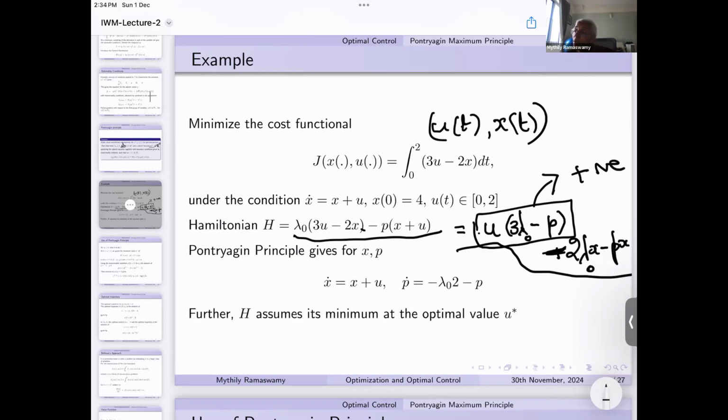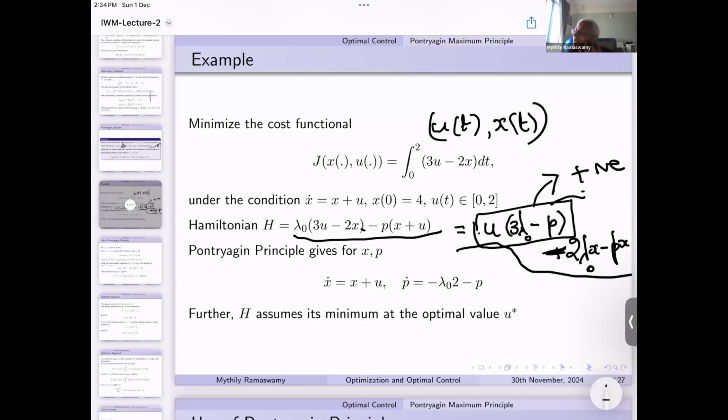But I have to minimize, because the best optimal u is when h has the minimum. So the minimum value will be when u is 0. That is the way we argue to get the optimal value of u.